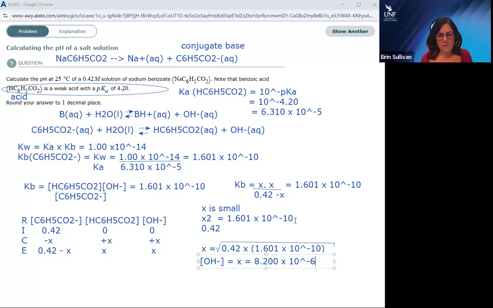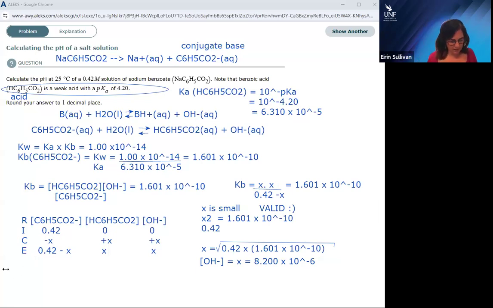So 8.2 times 10 to the minus 6 divided by the initial concentration of our weak base of 0.42 times 100 is going to give us 0.002% ionization. So X is small is good. So we can say it's valid. That's fine. Okay, so then the last thing we have to do is calculate our pH.